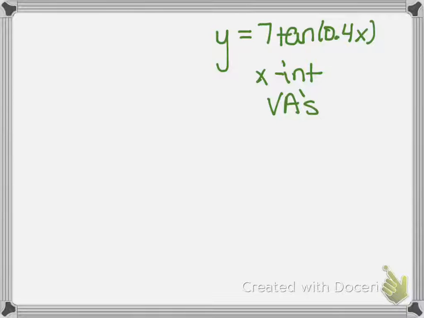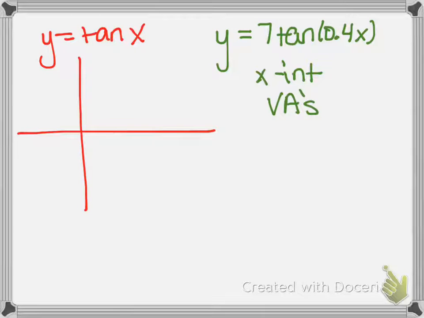But both of them require the same pre-knowledge. Both of them require that we recall our parent function, y equals tangent of x, not only what it looks like, but also where its x-intercepts and its vertical asymptotes originally occur. So if you will recall, your parent tangent function looks similar to a repeated cubic function.